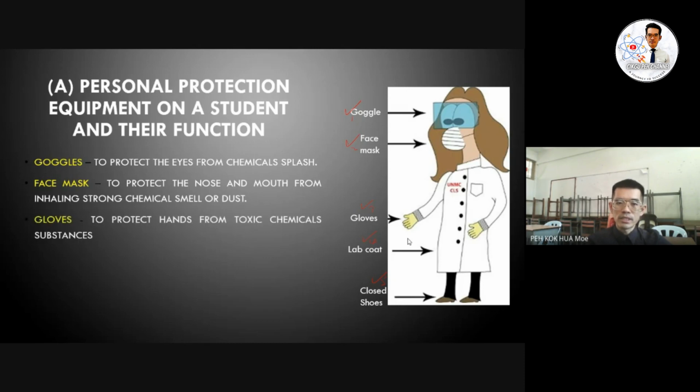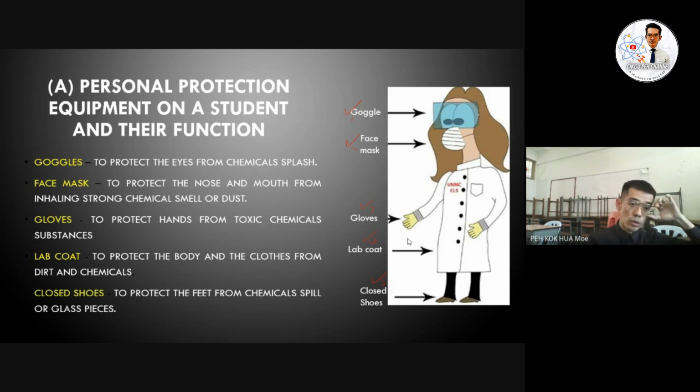Gloves protect hands from toxic chemical substances. The lab coat is used to protect the body and the skin from dirt and chemicals. The closed shoes are used to protect the feet from chemical spill or glass pieces.